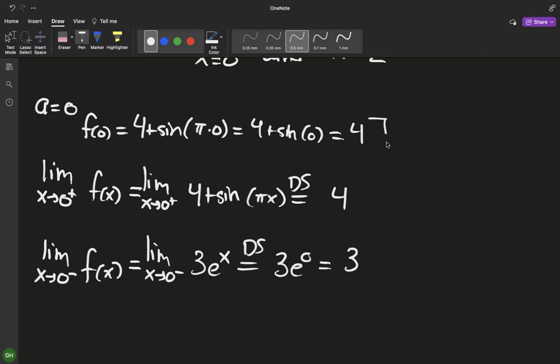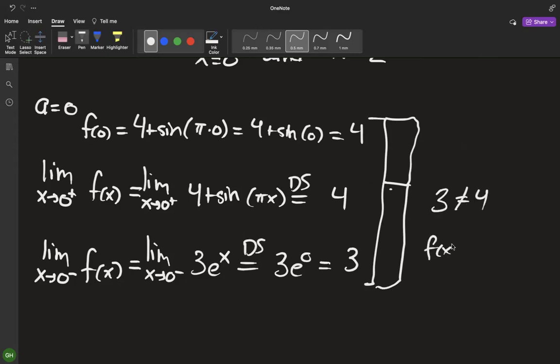In order to be continuous, all these three numbers have to match. In order for the limit to exist, these two numbers have to match, and then to be continuous, it has to match with this as well. So since 3 is not 4, f of x is discontinuous at 0.